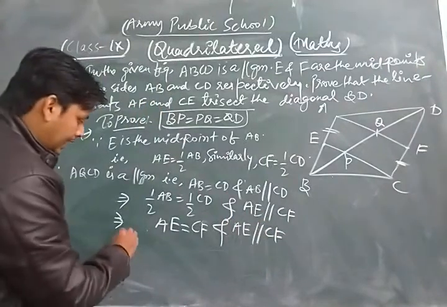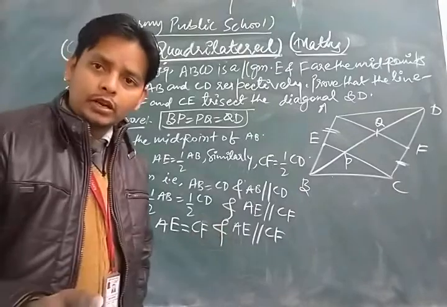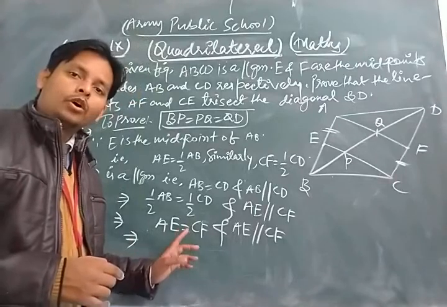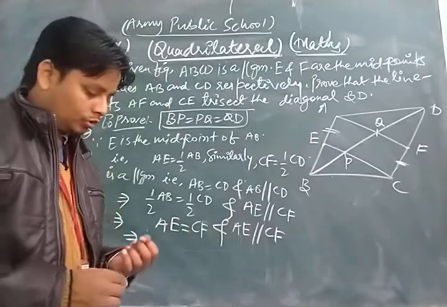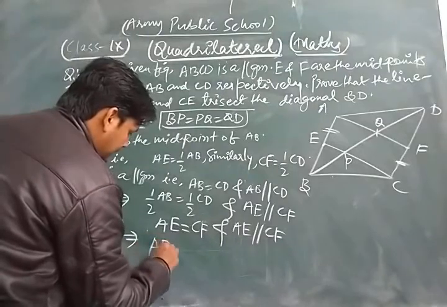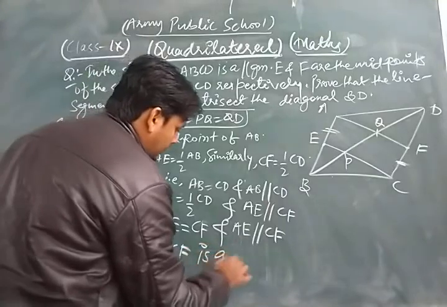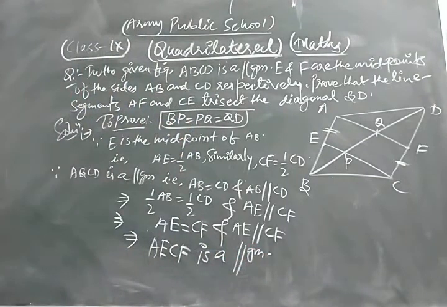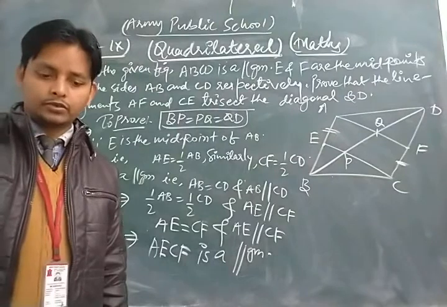Thus we can say that AECF is a parallelogram, because opposite sides of quadrilateral AECF are equal as well as parallel to each other. Now clear, yes friends?